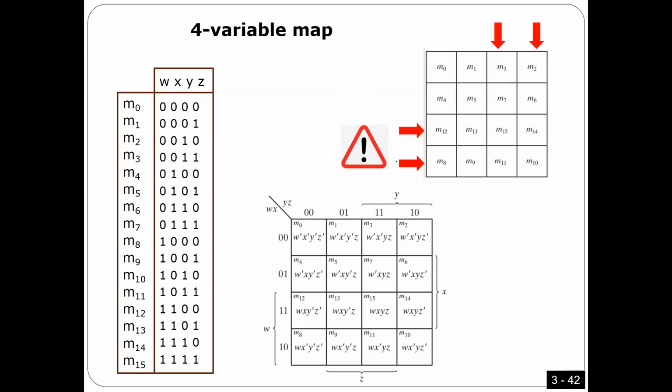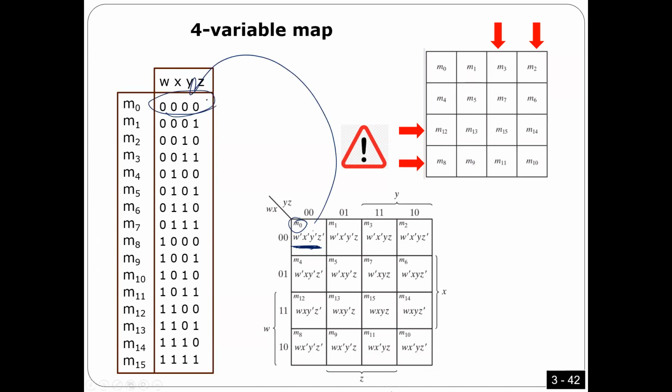Okay, Z. So these are Z, and these are Z prime. And similar to what I did before, can you get the min terms? So these are the min terms. If you look at this min term here, first, this is M0, so I can get it from here.